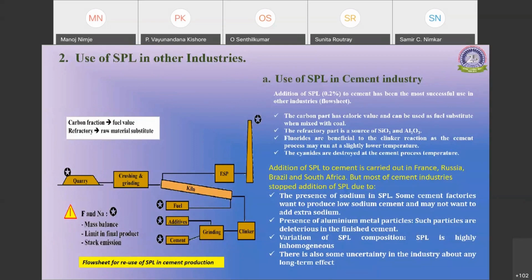But nowadays, most of the cement industries have stopped addition of SPL due to the presence of sodium in SPL. Some cement factories want to produce low sodium cement and may not want to add extra sodium.